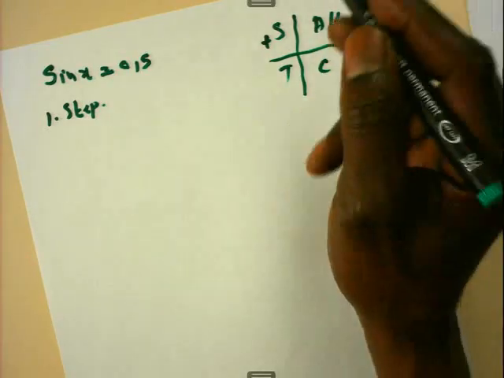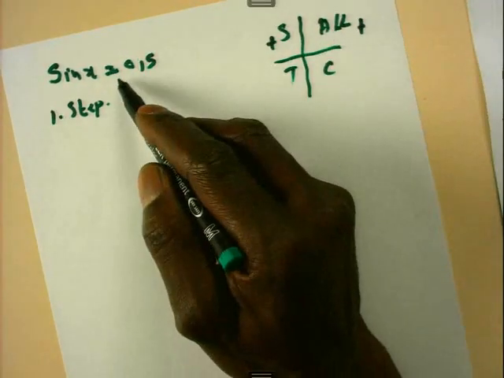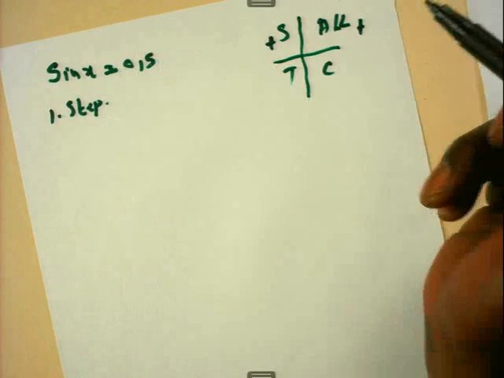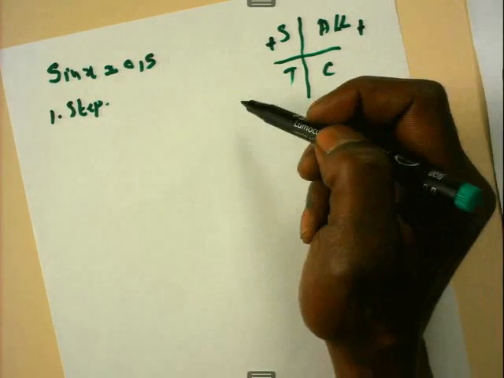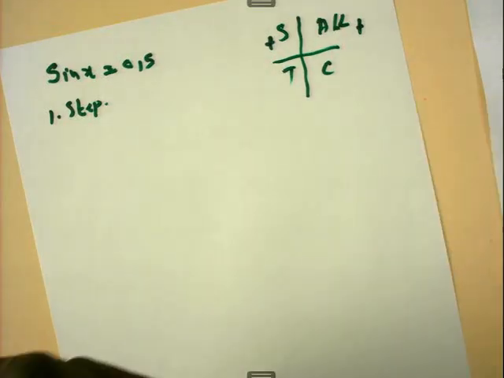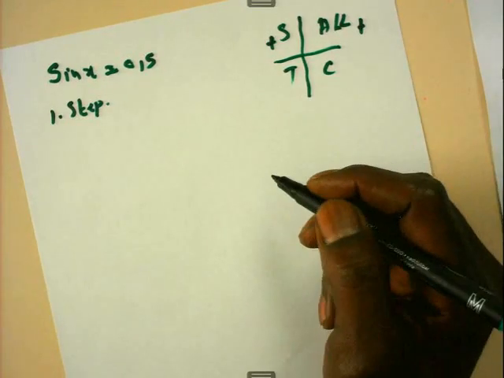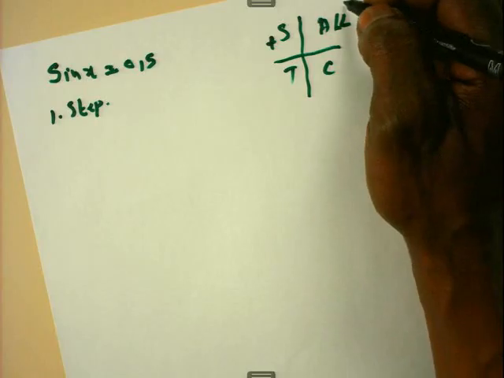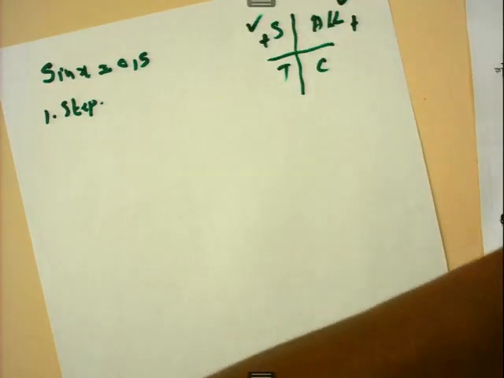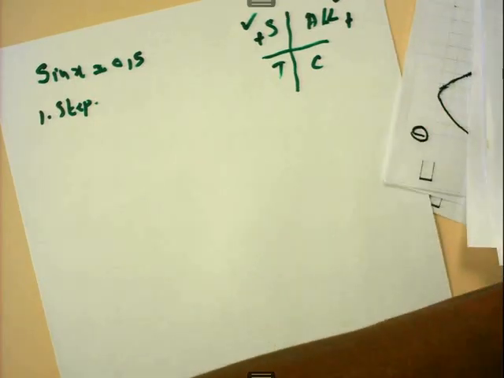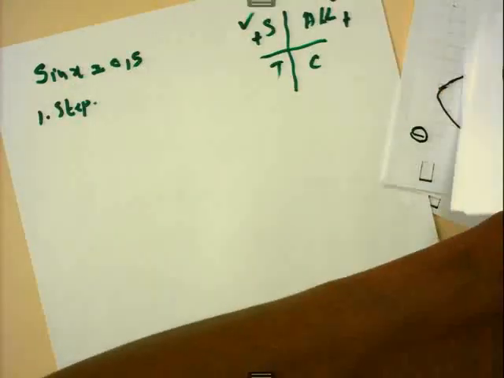So we are going to confine ourselves, when we solve this trigonometric equation, in the first quadrant and the second quadrant. So step one, we have identified the quadrant, so we are going to work in the first and the second quadrant. Let me just get my big picture here.